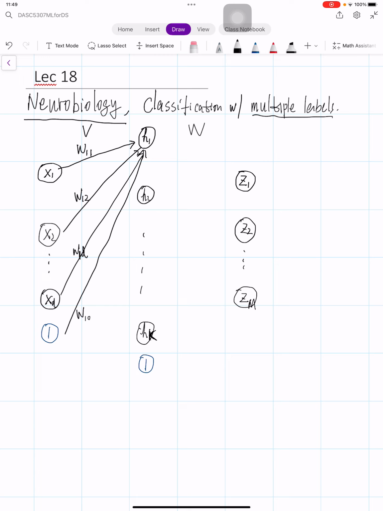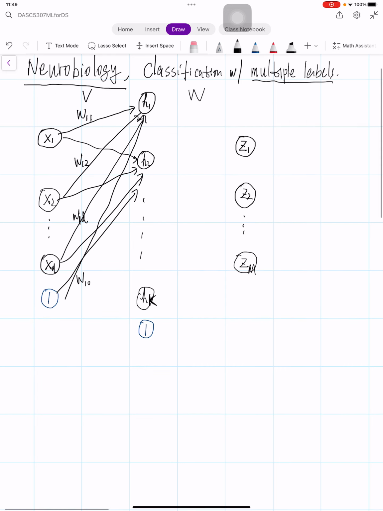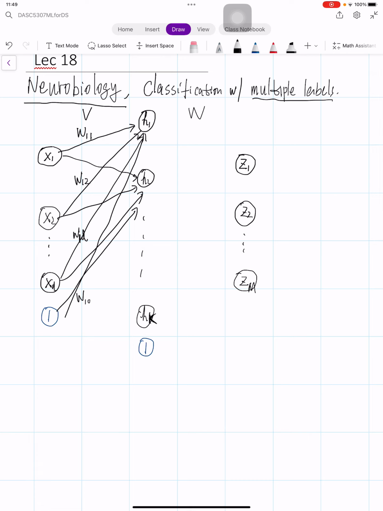And then you do the same thing for each hidden layer node, and we get the new transformed features h1 to hk.